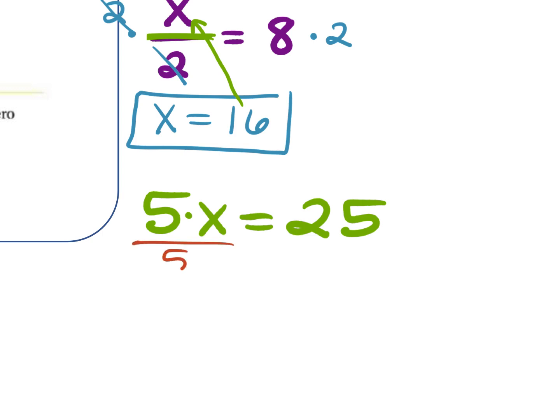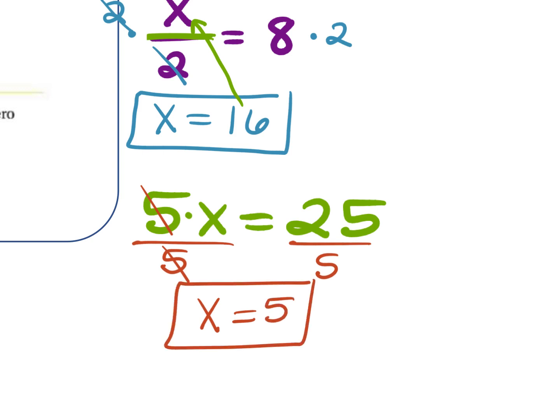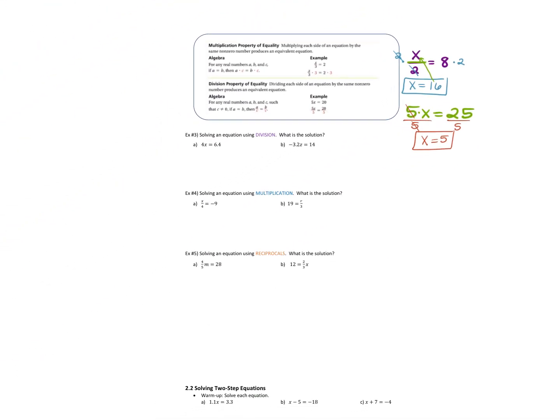What is 5 divided by 5? 1. So this goes away. Now we have 1x. I don't need you to write the 1, but you could if you want. So x equals, whatever you do to one side, do it to the other side. x is 5. Questions on that?